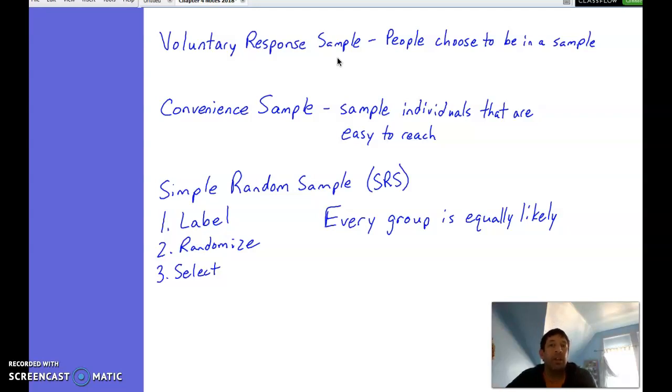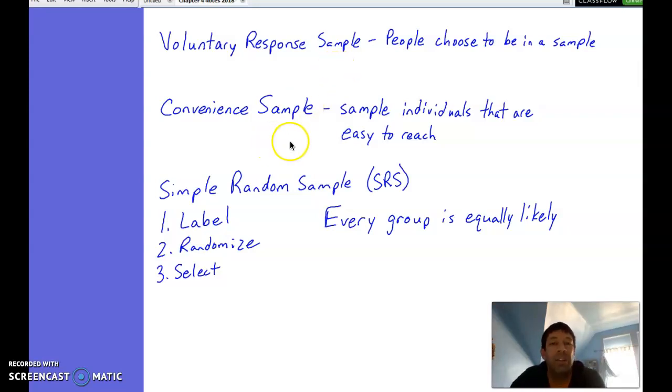Or you ask them to click on a link on your website, and that's going to be your poll. Well, certain people are choosing to be in that sample, and people that choose to be part of a sample may have different opinions than the people who aren't choosing to be part of a sample. Maybe they have more free time. So you have to consider the bias that might come in with a voluntary response sample.